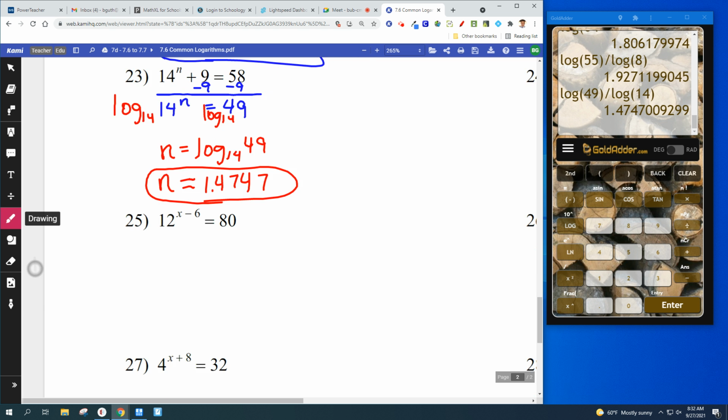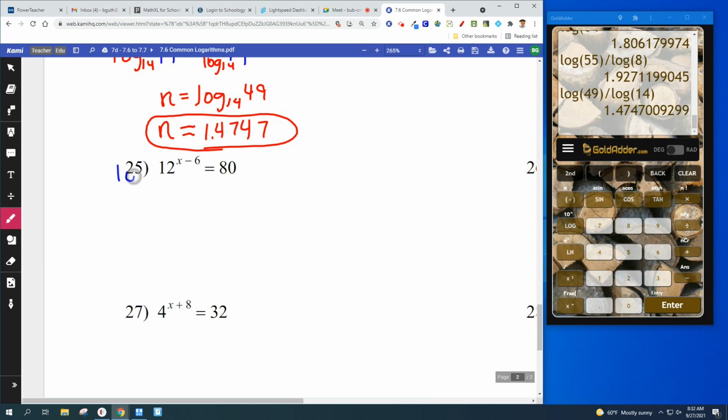So the first thing I'll do here is a log base 12 first. That gets me the exponent, x minus 6. X minus 6 equals whatever this is, log base 12 of 80.